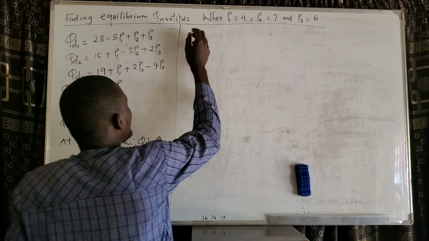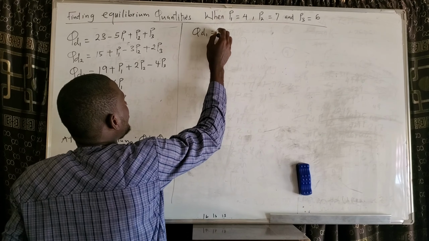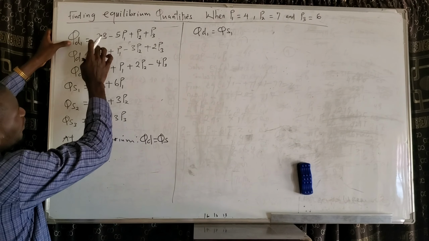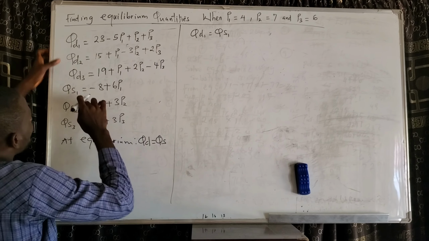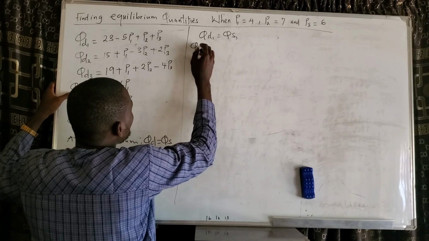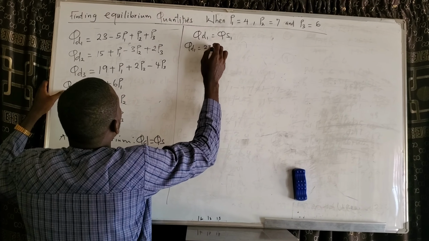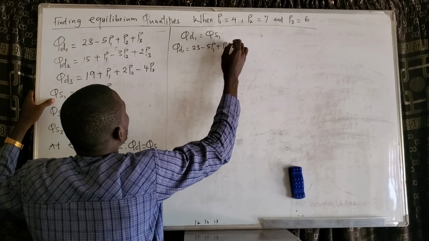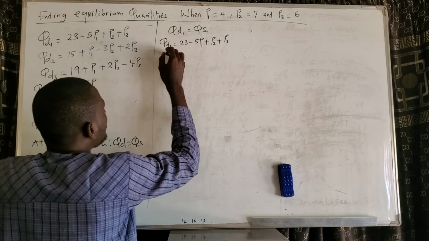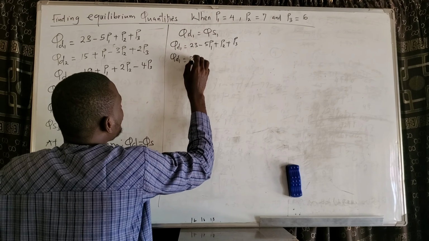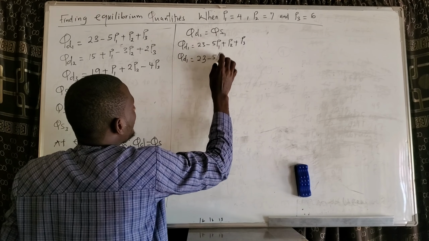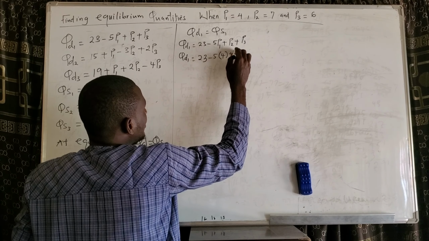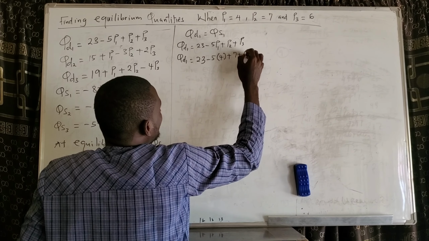So now, QD1 is equal to QS1. If you substitute the values for P1, P2, and P3 here, you still get the same thing as for QS. Now, QD1 is equal to 23 minus 5P1 plus P2 plus P3. Then QD1 is equal to 23 minus 5 into 4 plus 7 plus 6.